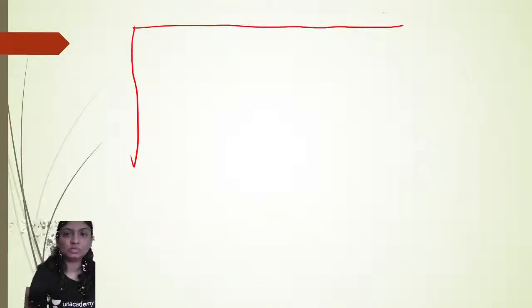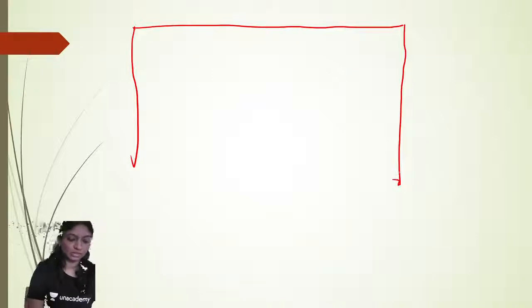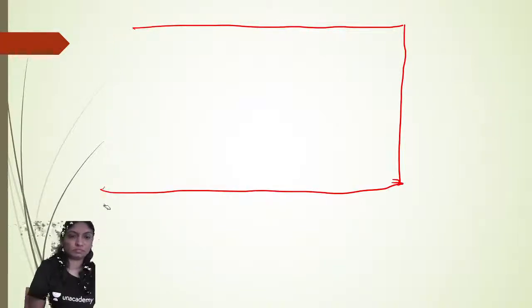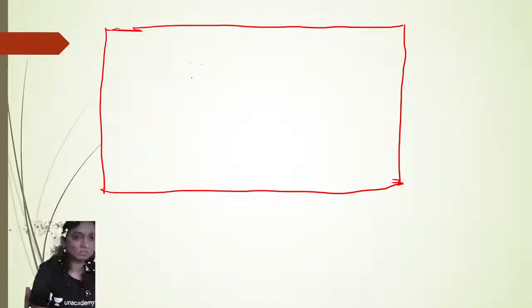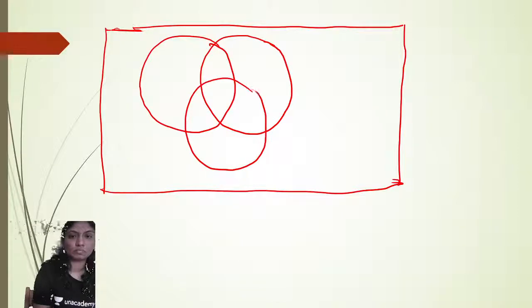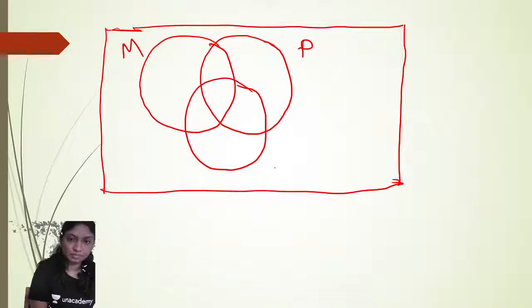This we'll see with the help of a Venn diagram, the number of students who study exactly two subjects, right? Here is maths, physics, and chemistry, right?